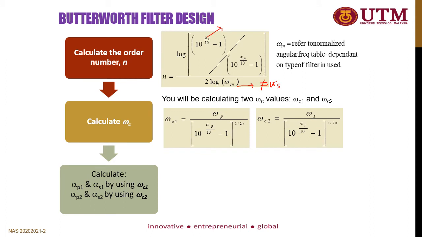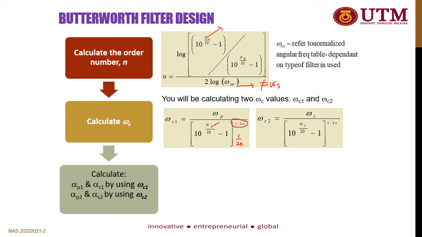The equation for omega c can be found in the appendix. For example, for omega c1, the first option is using omega p, the passband frequency, and also the passband gain. Please take note here, to the power of 1 over 2n. Please make sure you calculate this properly.